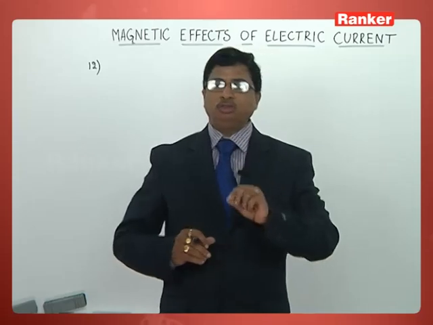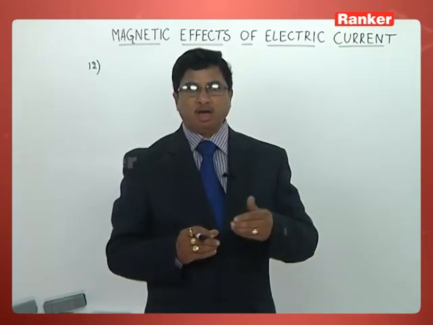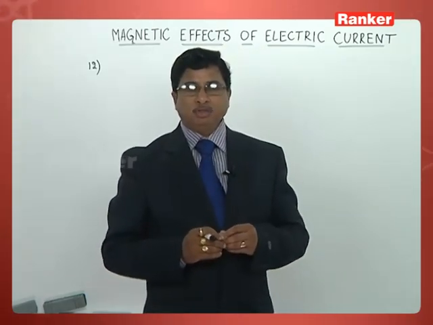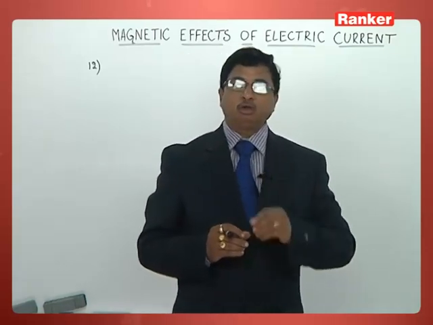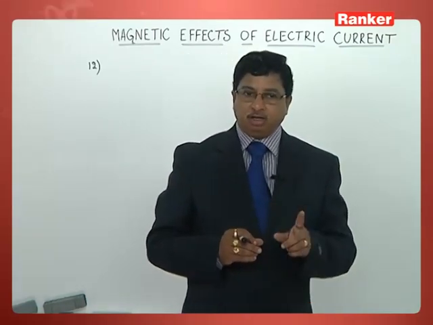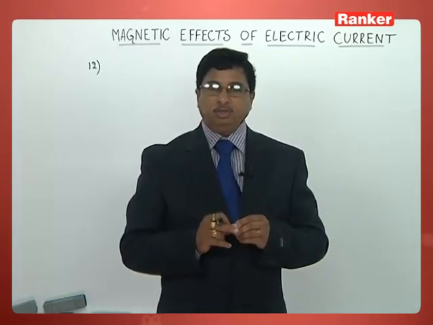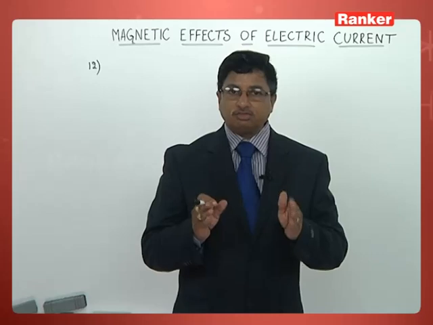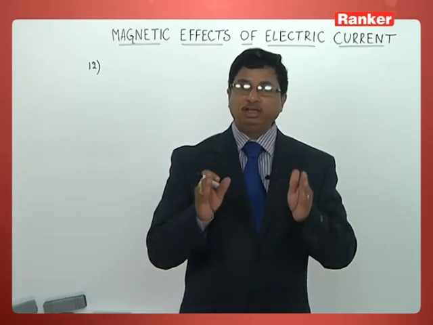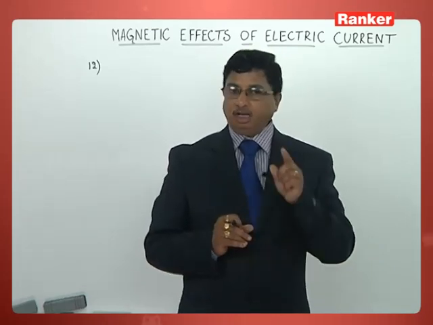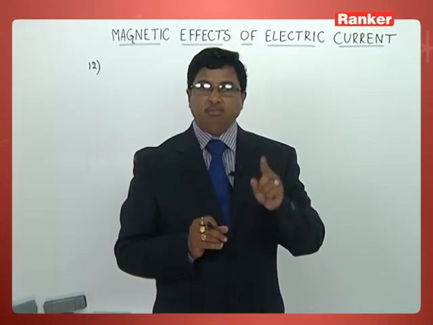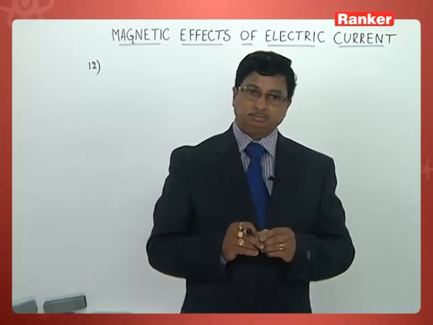The moment you complete reading this first part of the problem, immediately you should get to your mind, whenever current directions are same in two parallel straight current carrying conductors, there will be attraction between those two conductors.